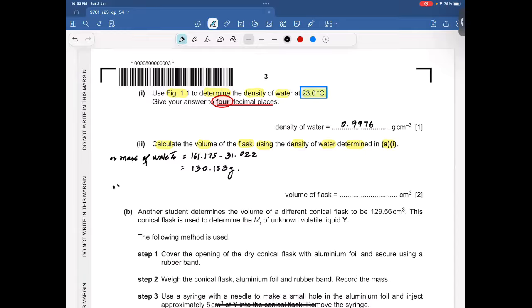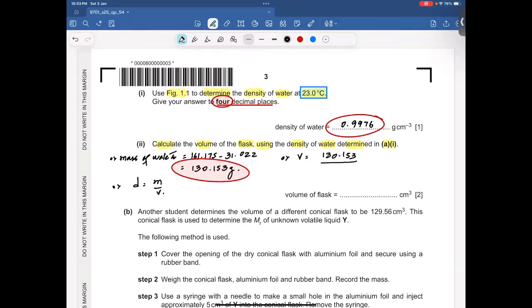Density is what? Mass per unit volume. So mass is given, and density is also given. With the density, I can get the volume. The mass is 130.153 divided by the density.